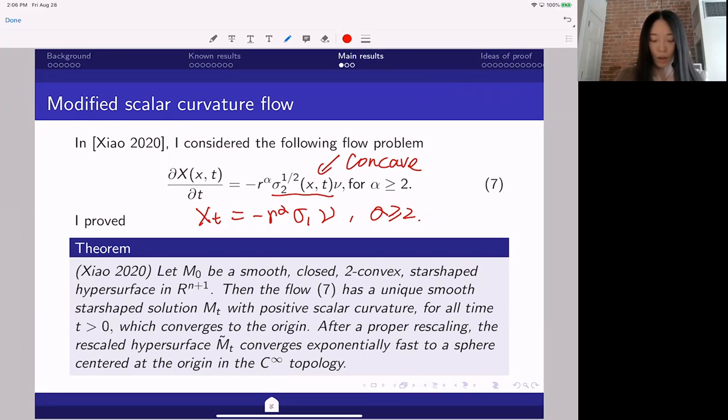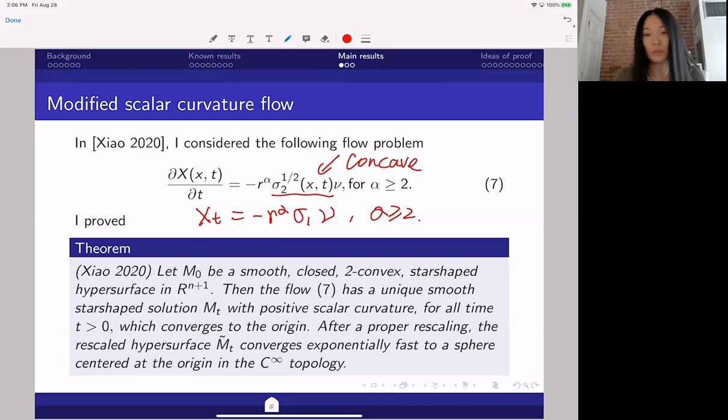What we proved is the following. If we start from a smooth, closed, 2-convex star-shaped hypersurface in R^{n+1}, where 2-convex means that the scalar curvature is positive and the mean curvature is positive, then the flow has a unique smooth star-shaped solution M_t with positive scalar curvature for all time t greater than 0, which converges to the origin.